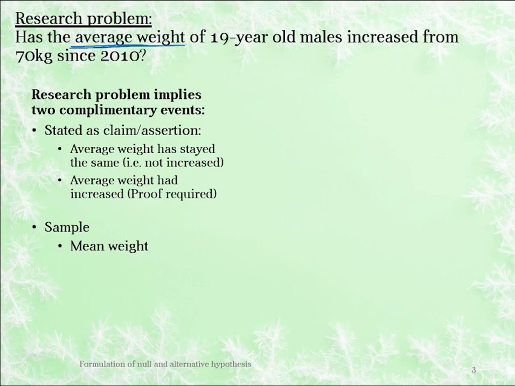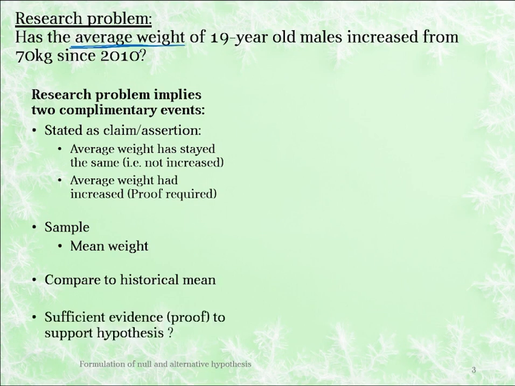Now, once we have our sample data, we can use that and compare it to this historical information that we have, the theory that we are trying to disprove, and then we want to see if we have sufficient evidence to support this hypothesis or this theory that we have. And the theory that we want to support is the one here, the thing that we're interested in.